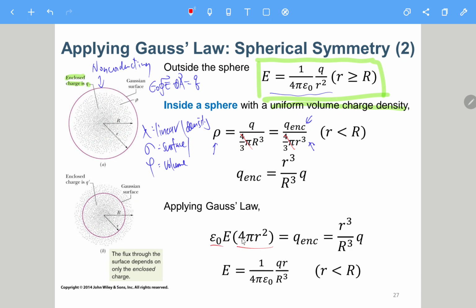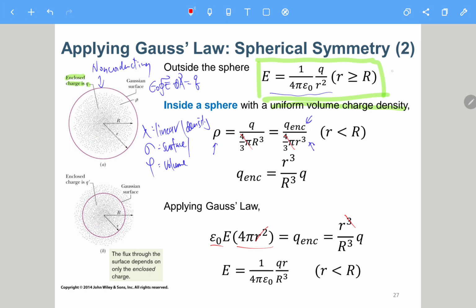So we get 4 pi epsilon naught here, and r squared partly cancels with this r cubed down to an r. So we have Q times r in the numerator and R cubed in the denominator. Finally it turns out to be like this.